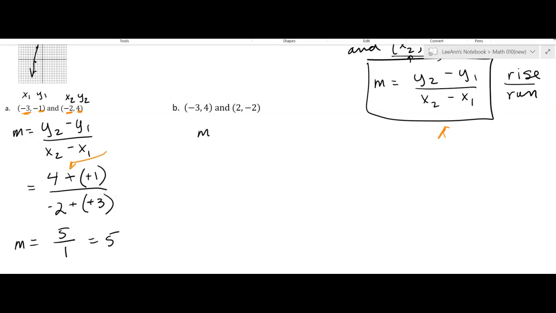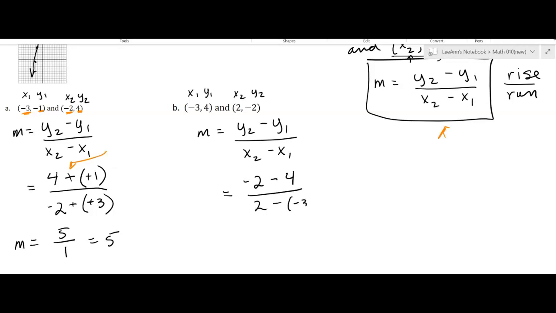So the slope, again, is y sub 2 minus y sub 1 over x sub 2 minus x sub 1. So I'm going to make this my x1, my y1, and this my x2, my y2. And I just put everything where it goes. So -2 minus 4 over 2 minus -3.